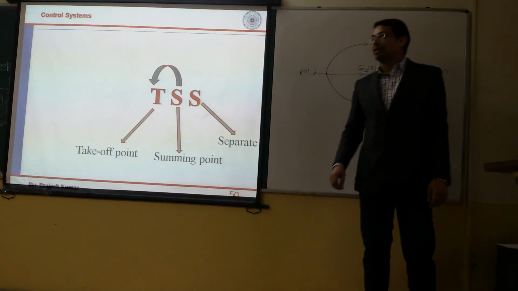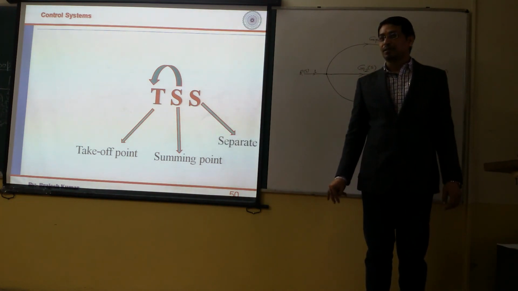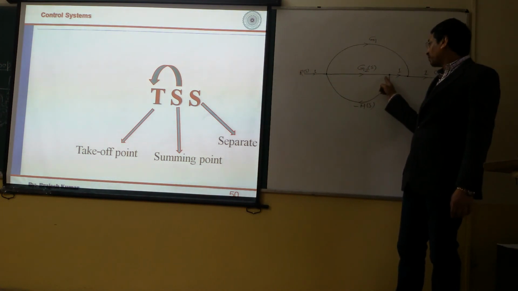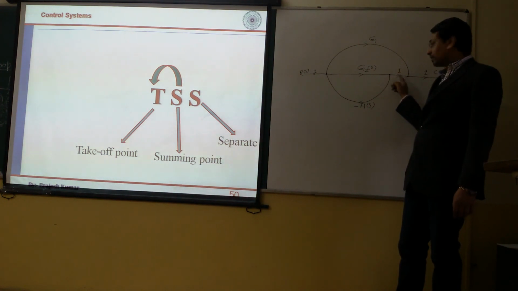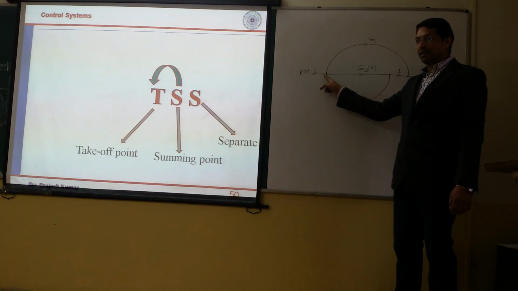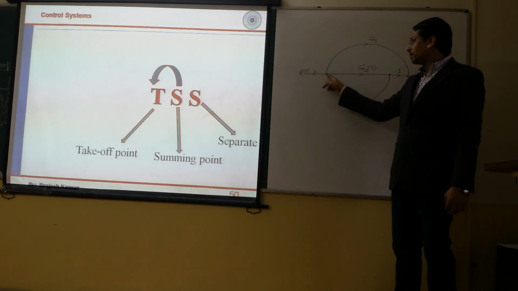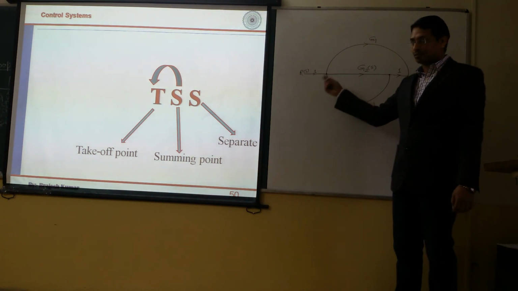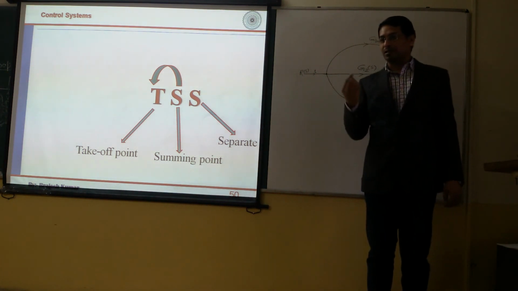Then the nodes are separate. At the feedback path, the take-off point was before the summing point, so I have shown it separately. But at the left end, the summing point was before the take-off point, so you can show it with the same node.